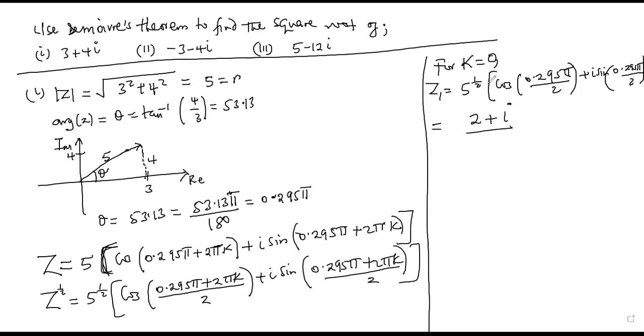Cos this plus I sine this times this, to reduce to 2 plus I.